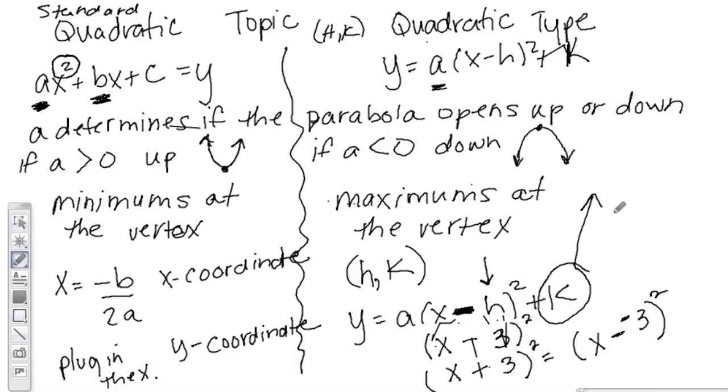That's how high up the parabola goes or how low down the parabola dips. Over here, in order to get your y coordinate, you have to solve for the x coordinate first, then plug it into the equation in order to solve for the y coordinate. That is how you will be able to determine where the minimum or the maximum applies.